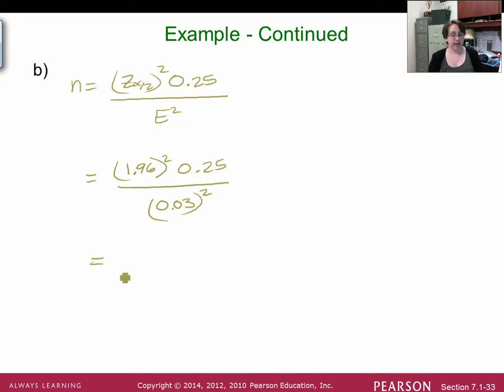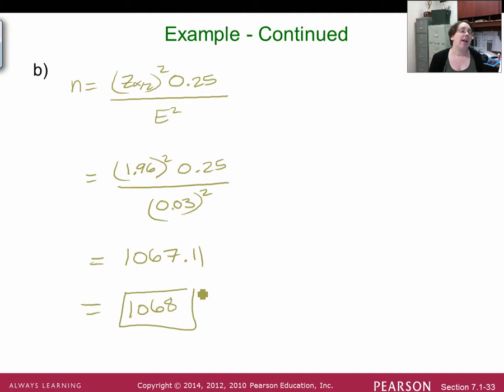Let's see how this affects our numbers. So 1.96... Alright, now I get 1067.11. Round up, 1068.